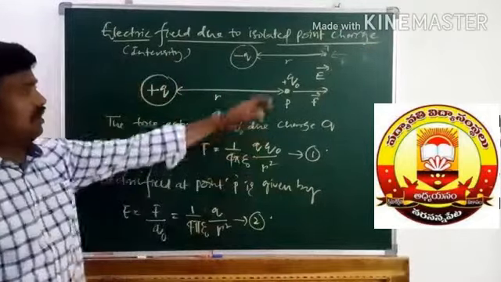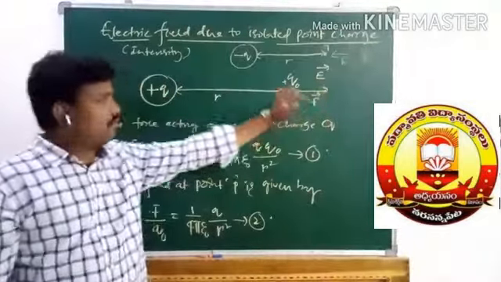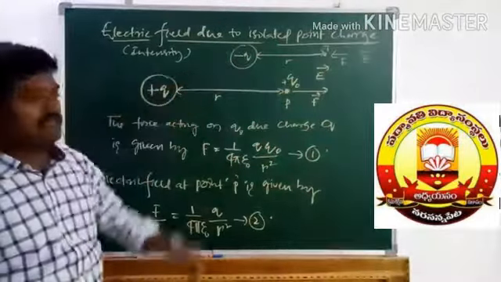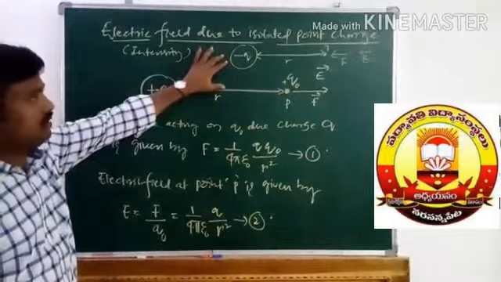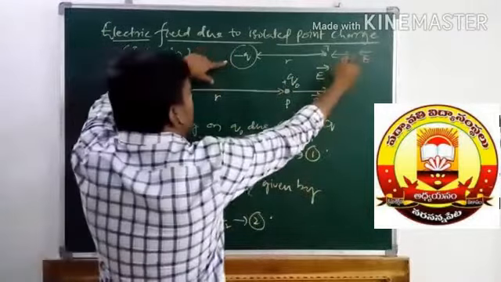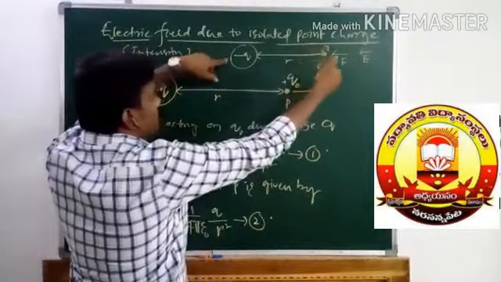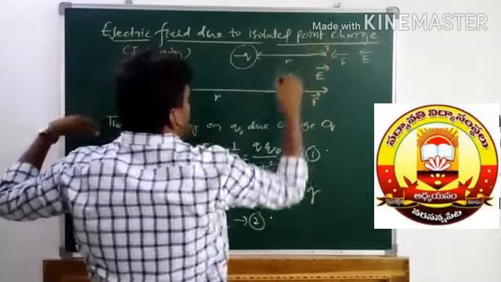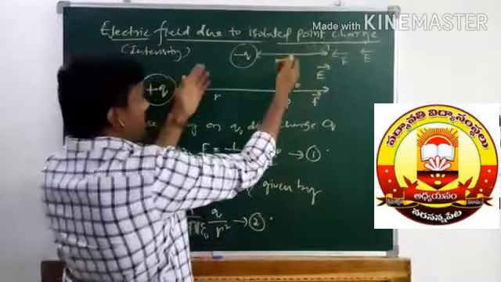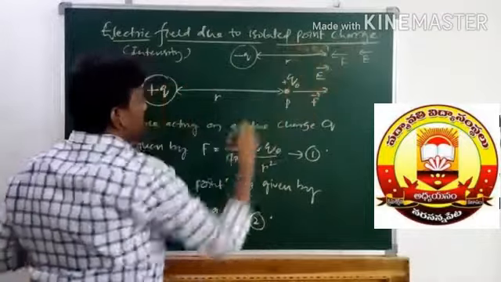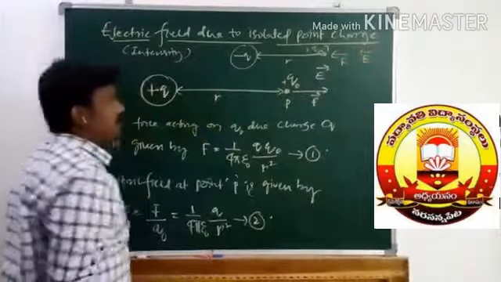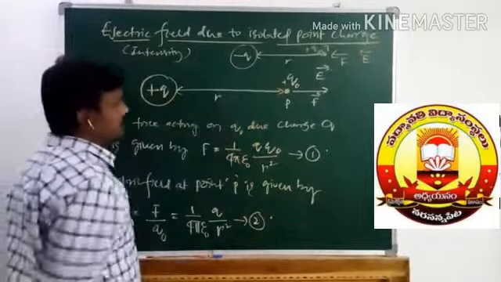I think you better understand the change in direction of electric field from this case to this case. If this is the negative charge, the electrostatic force will be in this direction. Why? Because of attraction. You place one positive charge Q naught here, so there will be an attraction. So that attraction force will be in this direction, and thereby the electric field direction will be towards minus Q.